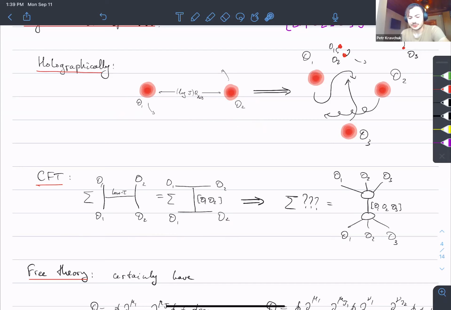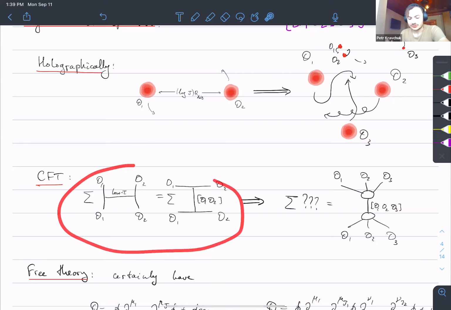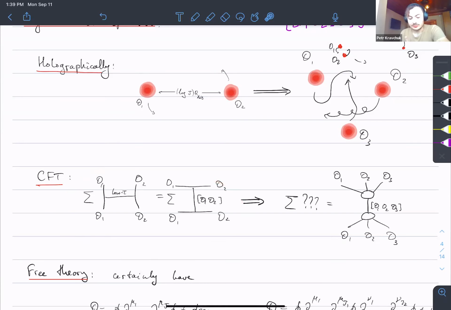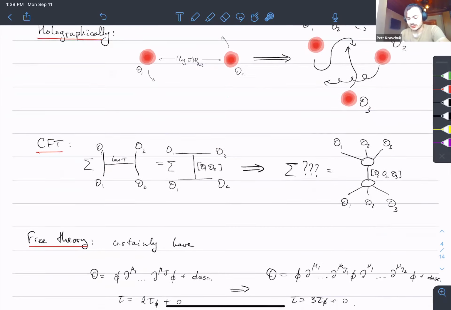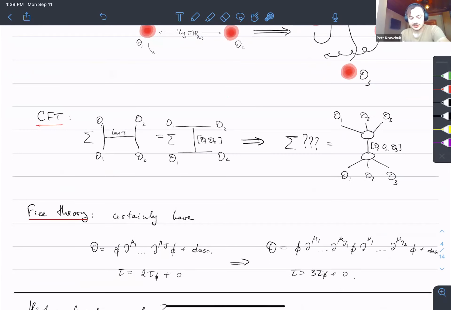In the rest of the talk, I'm actually only going to be talking about this sort of pictures and not about these crossing equations. I just wanted to mention that you could imagine trying to understand these more complicated things in a more rigorous way, by studying 6-point functions and light-cone bootstrap for 6-point functions. People are trying to do this. It's not what I'm going to talk about. But also, if you want to understand them in free theory, and if you understand them in free theory, you can add perturbations, then it's also easy.